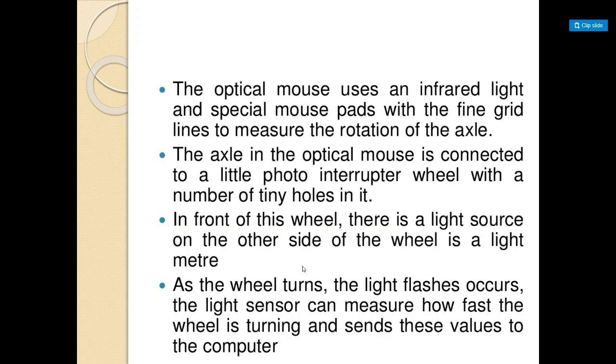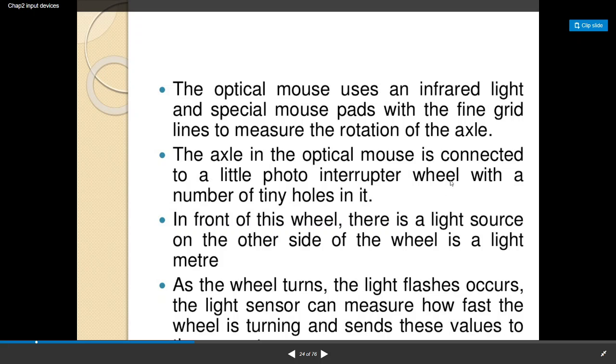Where there is a hole, the light passes through, and where there is no hole, the light is obstructed, right? That is what a photo interrupter wheel looks like, with a number of tiny holes in it. In front of this wheel, there is a light source.